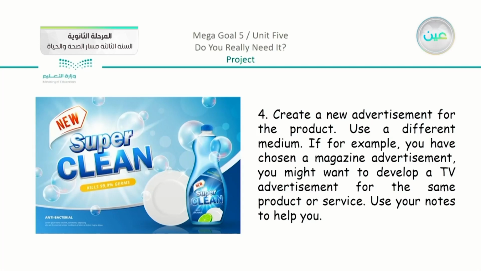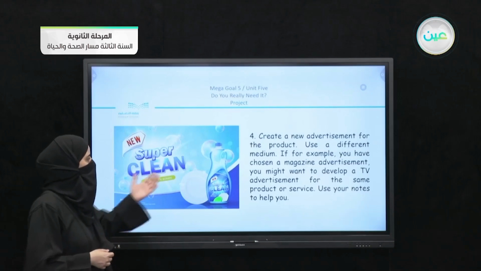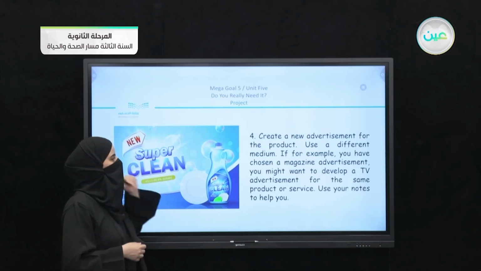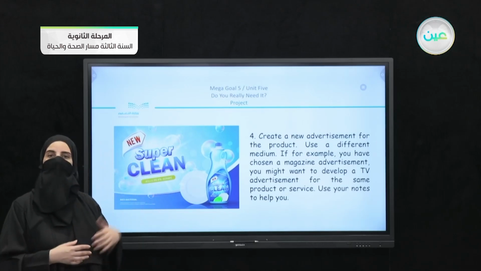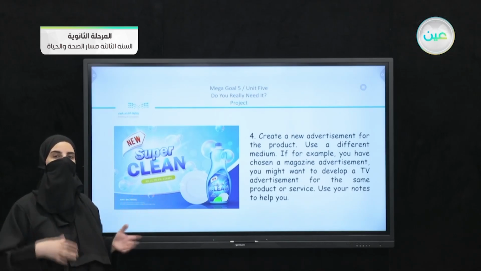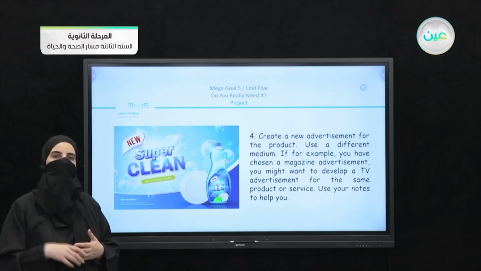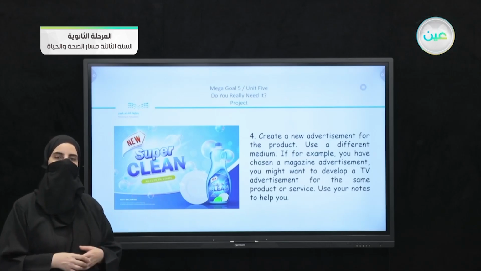So as we have just discussed, here you can find in the book the same instruction to just think about something else. So for example, if you have seen a dishwasher liquid or a kind of soap that is seen in a magazine or a billboard, think about how you can turn it into a TV advertisement, how you can attract more people to use this kind of product.